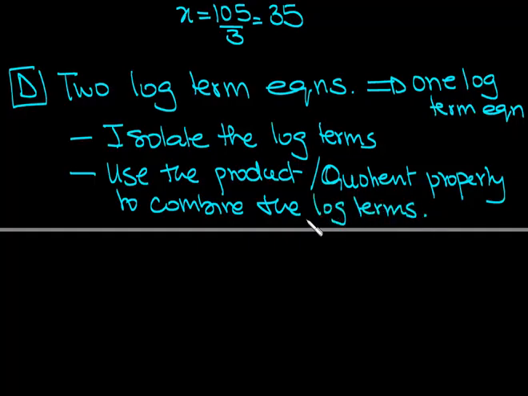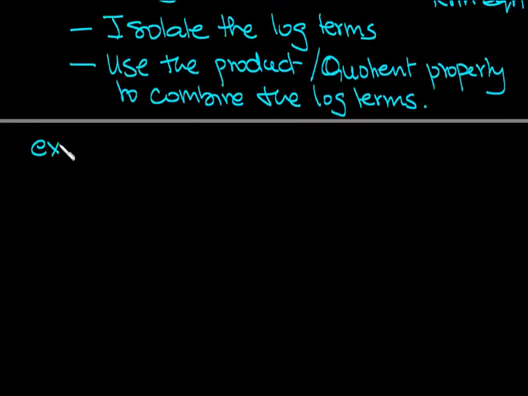So we use the product or the quotient property to combine them into one. So now you'll have a problem with one log term, and then we know how to do that. So let's take a look at an example. I'll give you two examples of this.